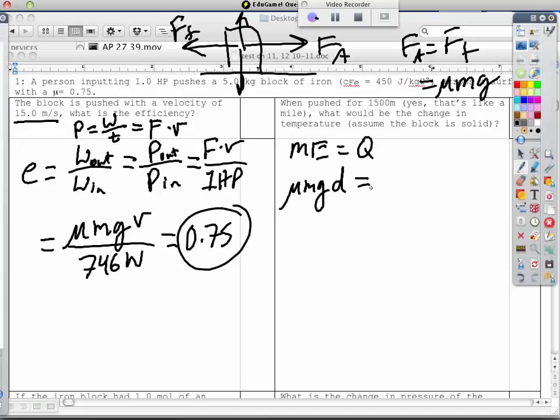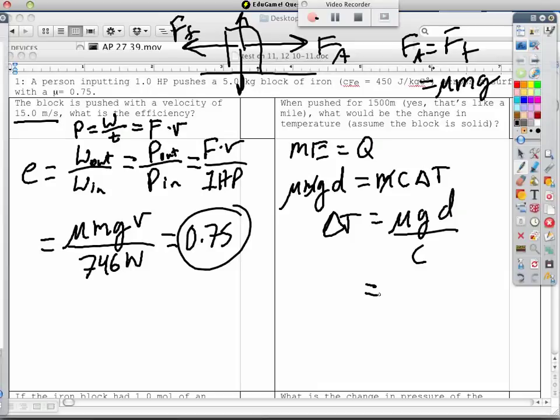Oh, whoops, okay. I'm glad I did this. Let me see. Yeah, that's fine. And then over here, we're saying mc delta t. All right, so then this m can cancel, and we get delta t is equal to mu gd over c.